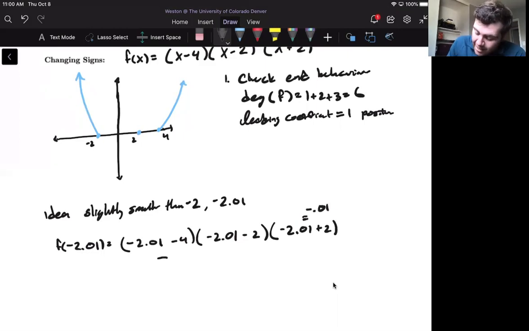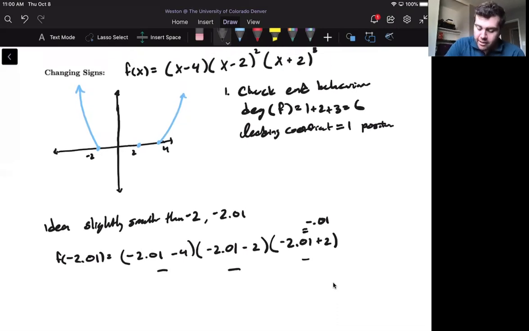So this side is negative, this side is negative, and this side is negative. So the whole thing should be negative, which actually makes me think that we have a sign error somewhere, because our function says that it should be positive.